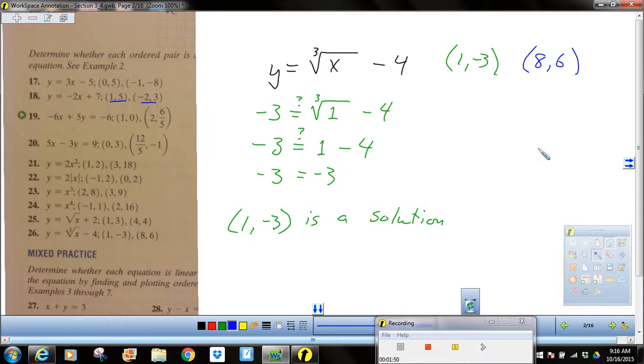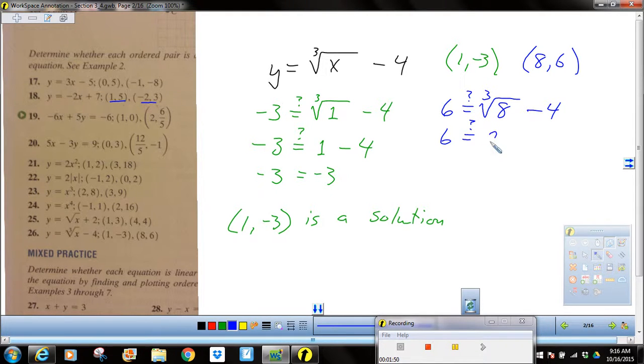Now I'm going to do the same thing here with 8, 6. Little question mark on there. Okay, third root of 8 means what to the third power would equal 8?